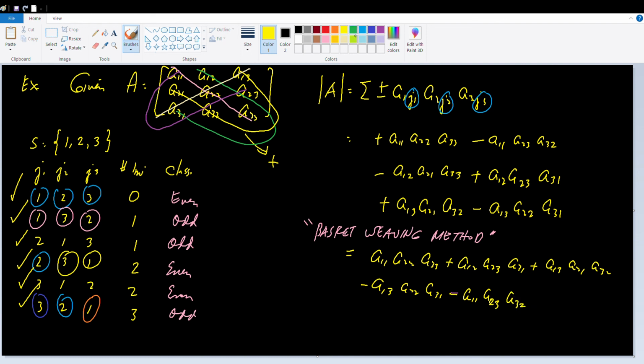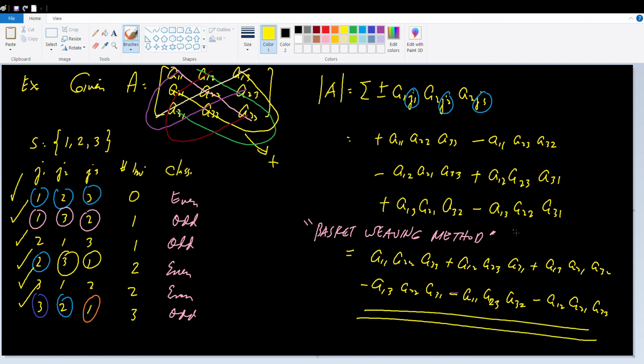Finally, that will be A12, A21, A33. Negative A12, A21, and A33. And these elements are actually the same elements that you will find in applying the definition for the determinant of A.